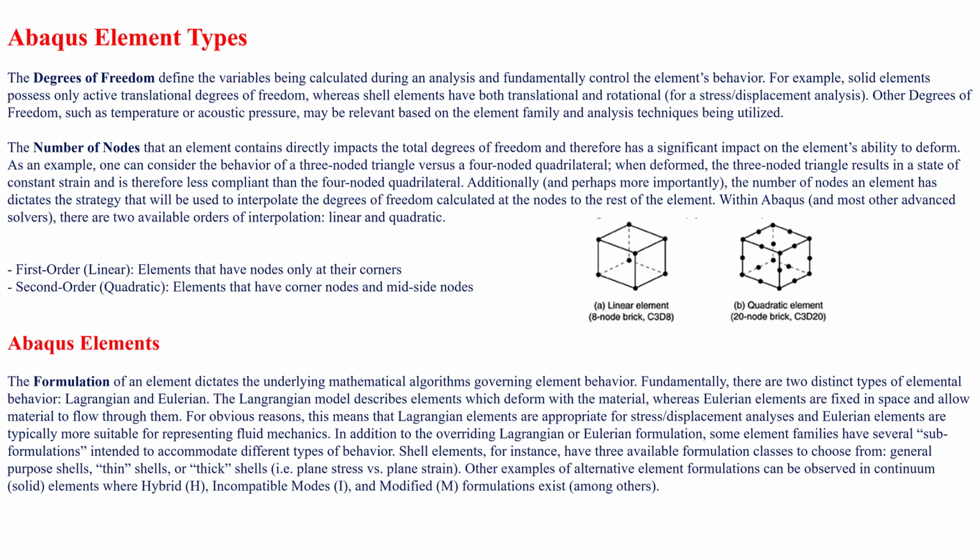Eulerian elements are fixed in space and allow material to flow through them. So in short, to deal with stress and displacement analysis, we take the Lagrangian elements into account. The Eulerian elements are more suitable for fluid flow analysis like CFD.